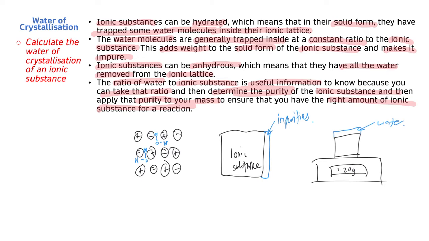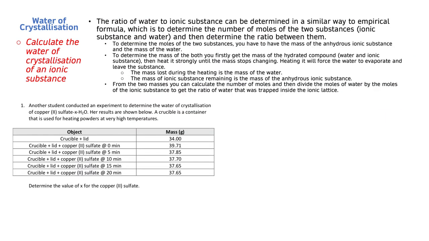If you want 120 grams of the substance and you weigh some water, it means that you haven't got enough. What you need to do is add that water to the amount of stuff that we need and then apply it. So that water is sitting there as an impurity which can be solved, but we'll go into that in a moment. So let's have a look at the example.